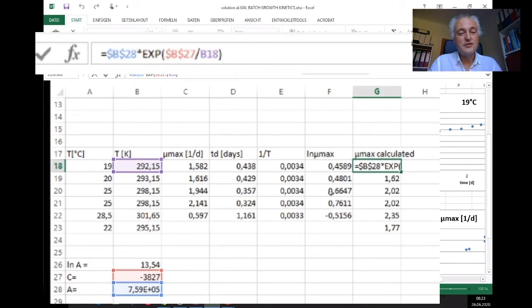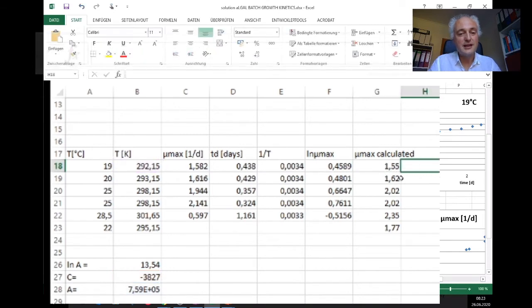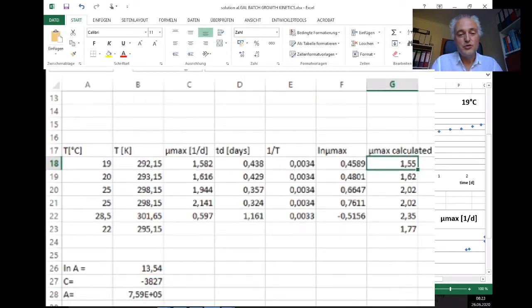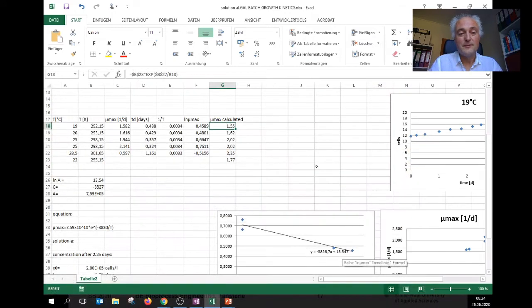So I transfer that in this, and I check whether my mu max calculated really corresponds to what I expect, or whether I had an error in the formula. Obviously not. You see that my calculation fits well, and this really looks like this curve here, and everything is fine. Now, the question was, what is the value at 22 degrees?